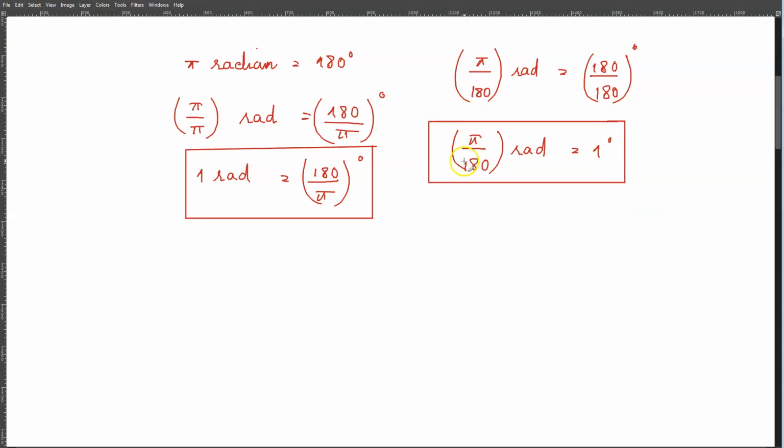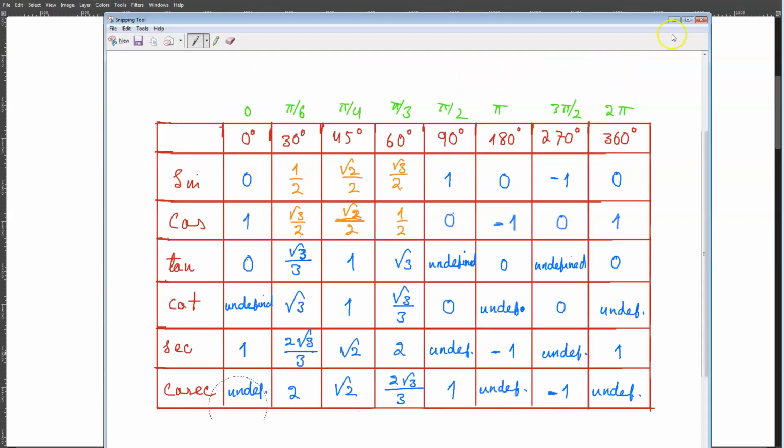So whenever you want to convert between radians and degrees, you can use this formula. So let me make a screenshot here.